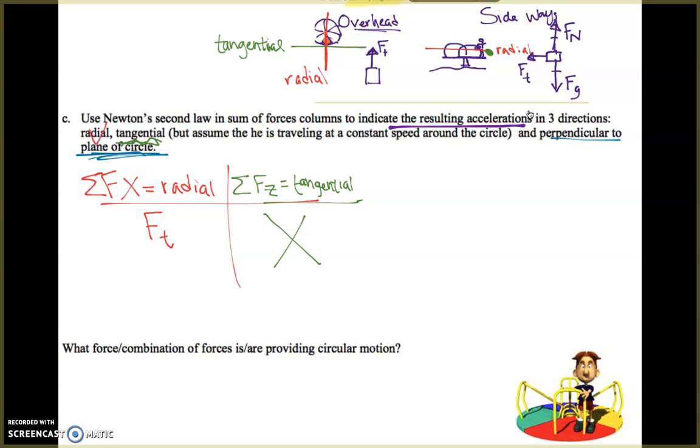Then our last direction is perpendicular to the plane of the circle. What perpendicular to the plane of the circle means is that it's coming out of the circle, at a right angle to the plane of the circle. In our sideways view, that's this way.